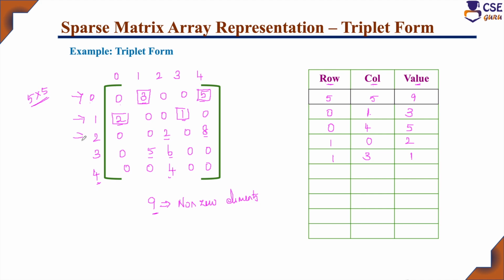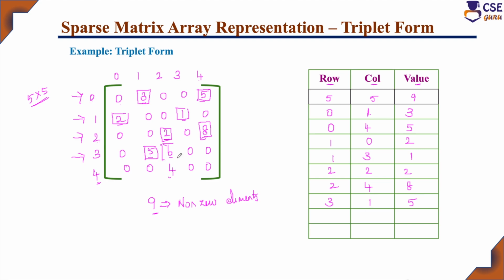In the second row, the row index is 2, the column index is 2, and the value is also 2. Next, the row index is 2, the column index is 4, and the non-zero value is 8. Then in the third row, the row index is 3, the column index is 1, and the non-zero value is 5.